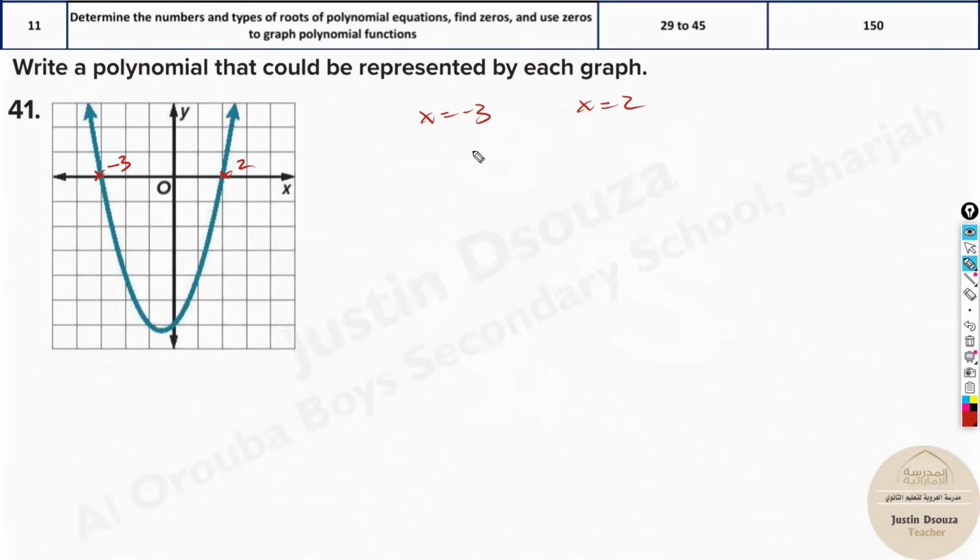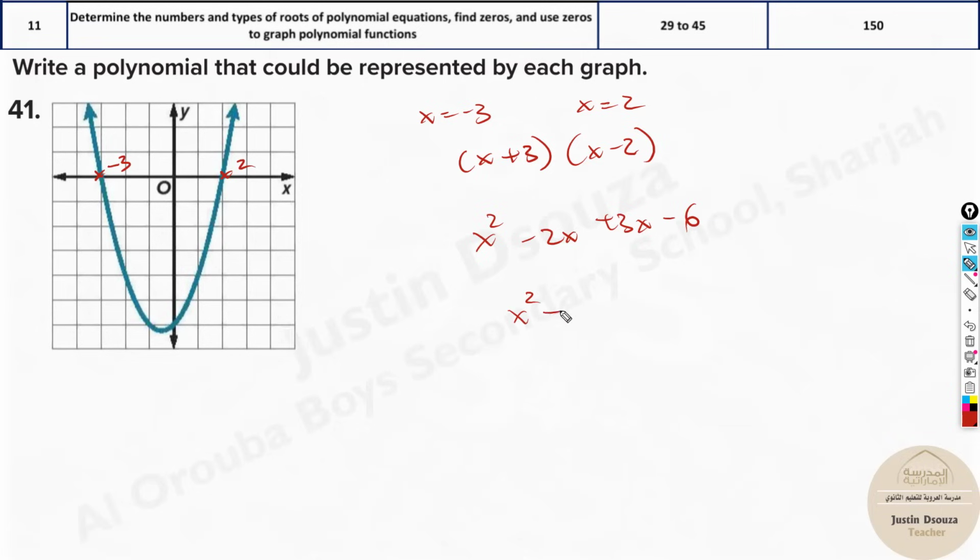It's a quadratic. Now, how do you write the factors? X, take it inside, will be plus 3, and over here x will be minus 2. Okay? And now solve it up. X times x is x squared, x times 2 is minus 2x, plus 3x, and lastly we have minus 6. This is all equal to 0, or you can ignore that because you're just interested in the equation.